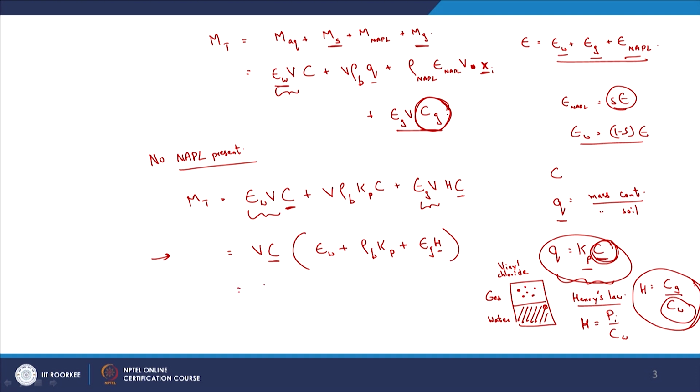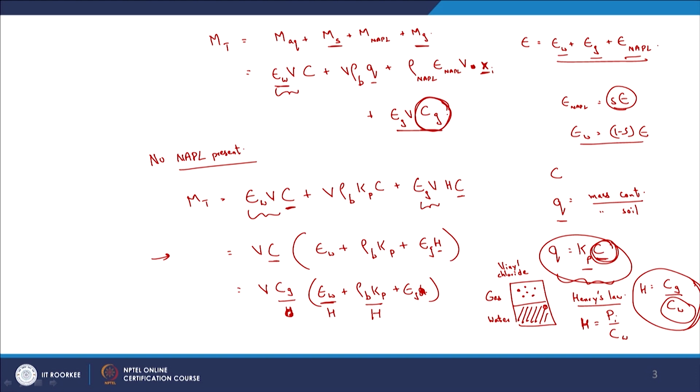I can express this as V times the concentration of gas by the Henry's constant, times porosity of water, so rho B K P plus rho G times H. If I take the Henry's constant inside this set of variables, this is what I end up with.